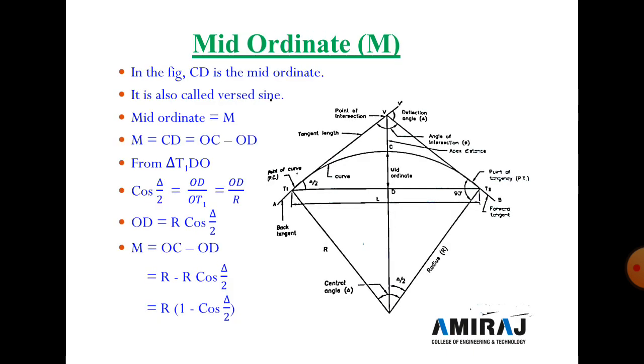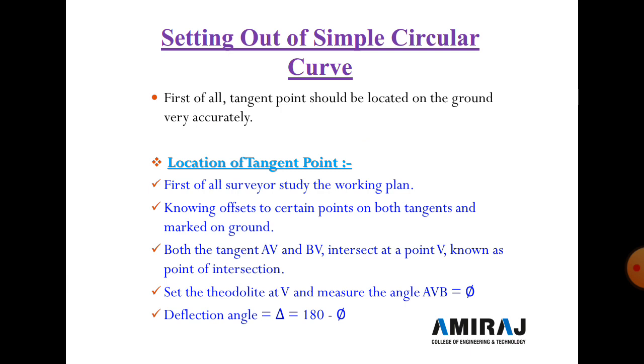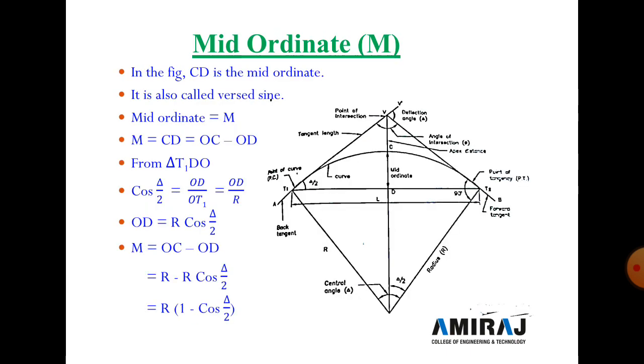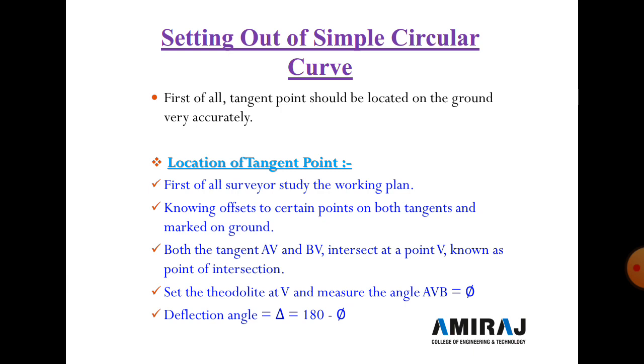This angle is the angle of intersection, angle phi. Now the deflection angle delta is 180 degrees minus phi, the angle of intersection. So this angle is the deflection angle.